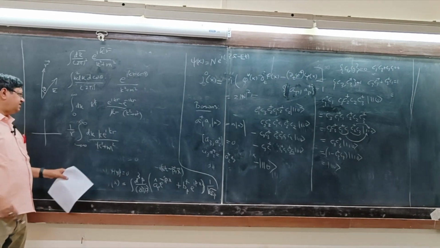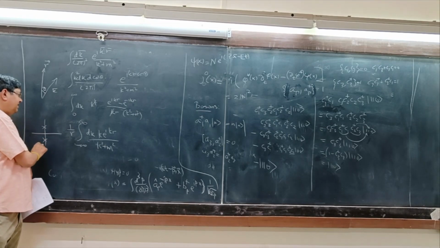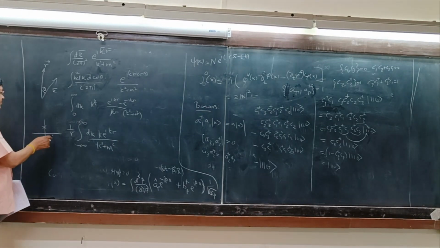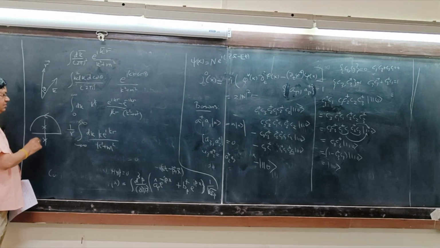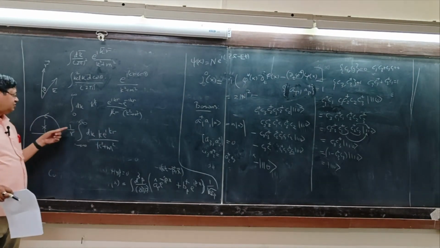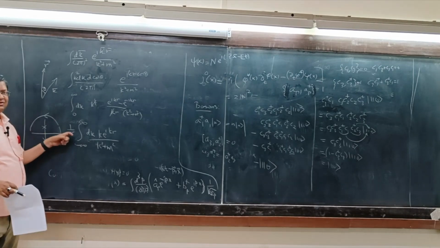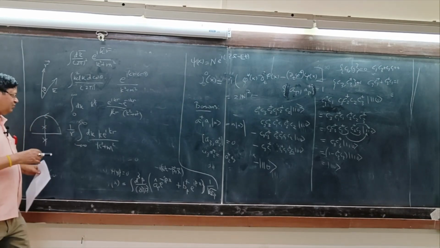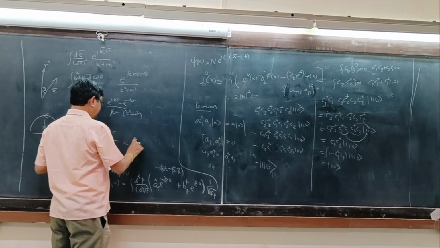So where are the poles? At im and minus im, here and here. Now you close from the top. Why? Because this should vanish. I want zero contribution from this.